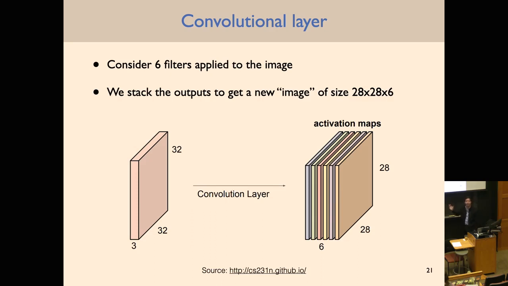We can go from 28 to 24 if we look at a 5 by 5 by 6 patch. If you want to maintain the dimension, then you can pad. You can pretend the image is larger than it really is by doing zero padding, for instance, or just extend the image with values that are on the boundary.